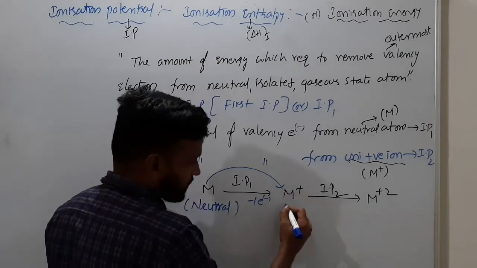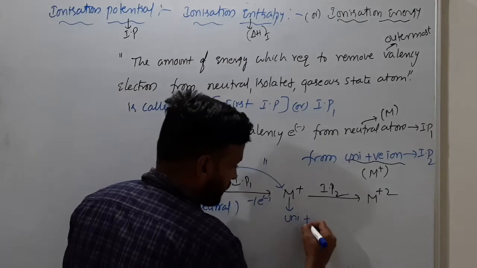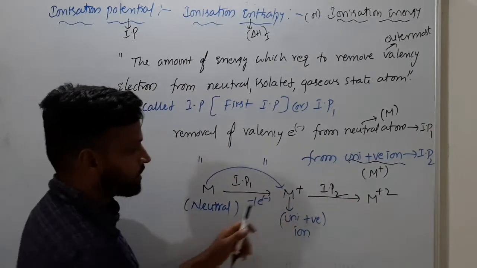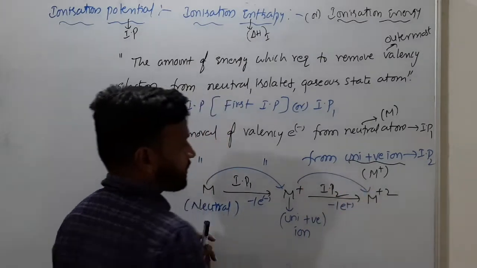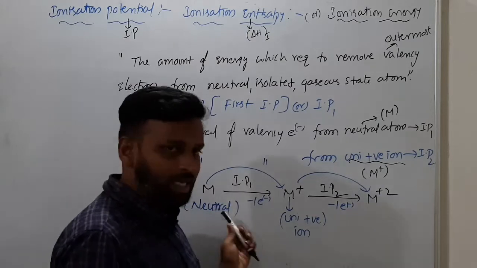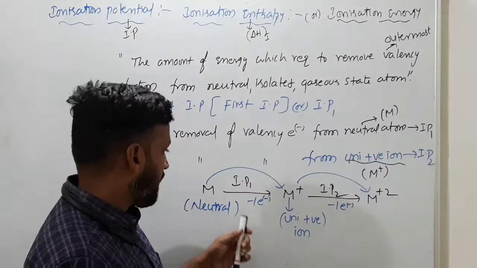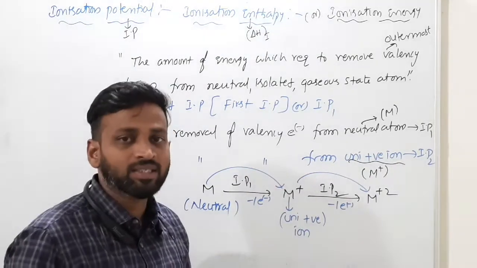From M plus, which is called uni positive ion, uni means single, you are removing one more electron, then it becomes M plus 2. So from the neutral atom you remove the first valence electron, and from M plus you remove the second valence electron.